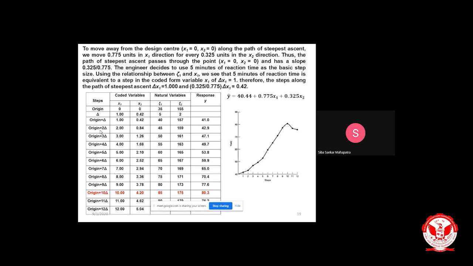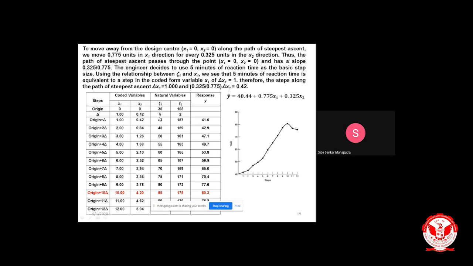Then if delta x1 is 1, delta x2 will be 0.325 divided by 0.775 multiplied by delta x1, so it will be 0.42. So in the x1 direction you move 1, then in the x2 direction move 0.42.